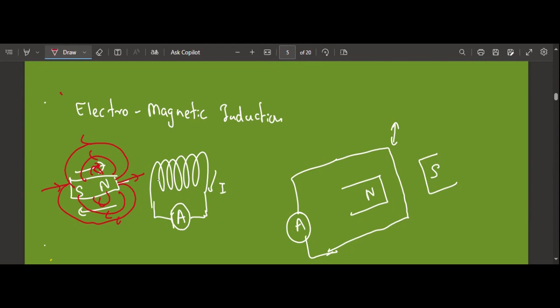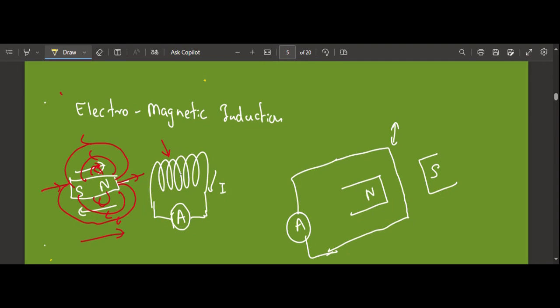When the magnet is moved in this direction, the turns in this coil will cut the magnetic field lines. So a voltage is induced across this coil, and that voltage causes the current to flow in this coil.